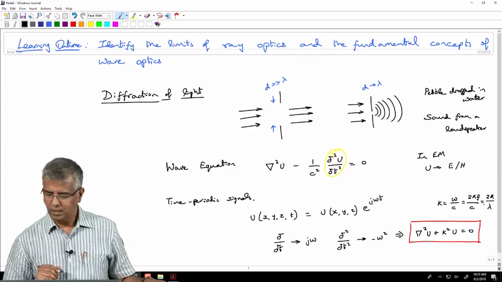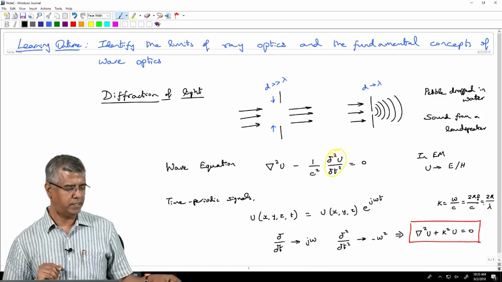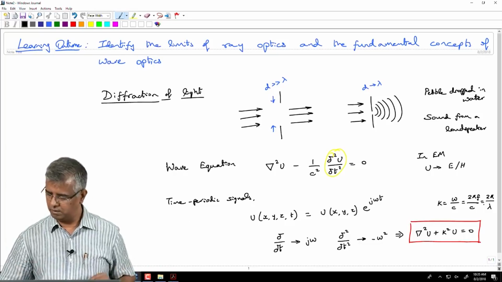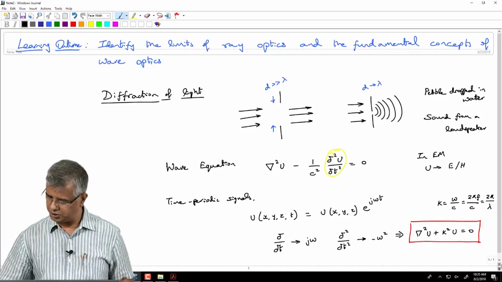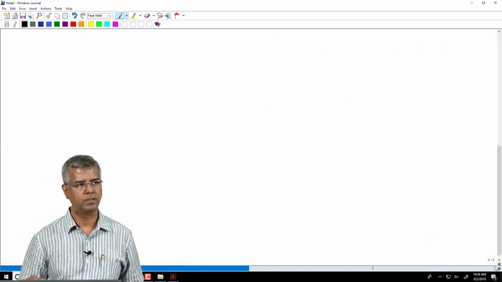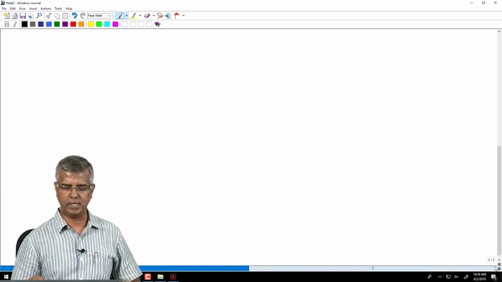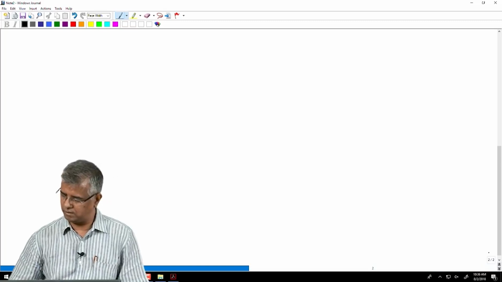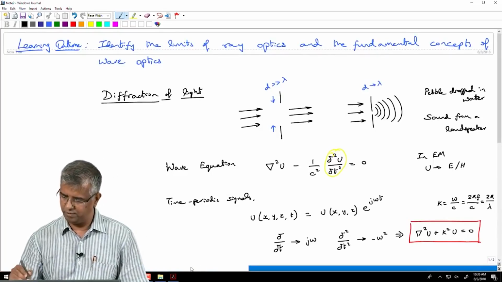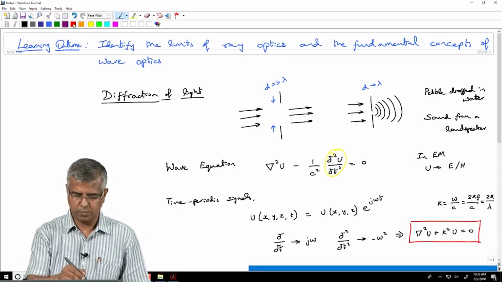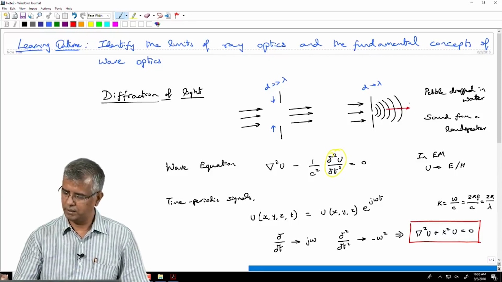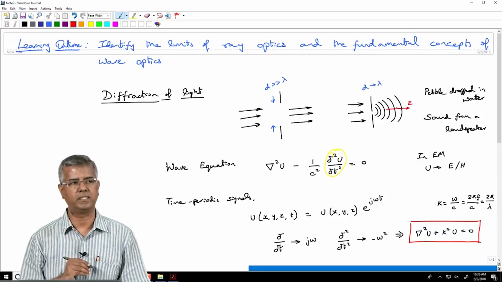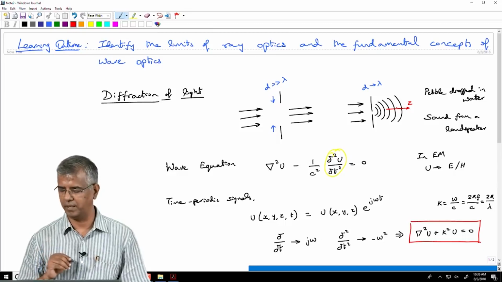So, what does that mean? Essentially, if I look at the solution of this, let us say this corresponds to a wave that is propagating in, let us say, the positive z direction, okay.